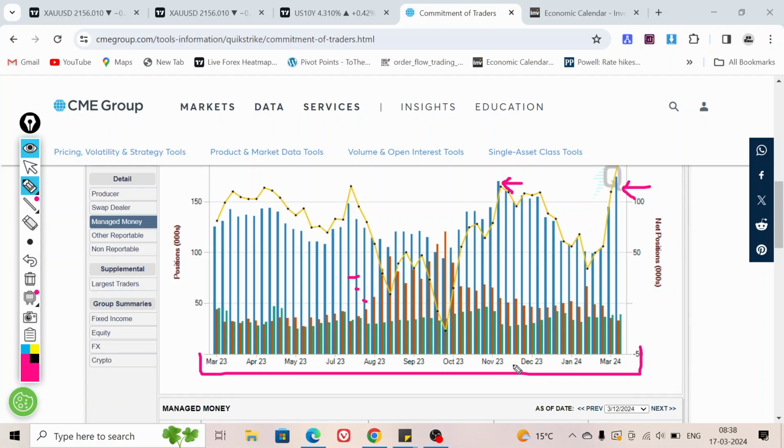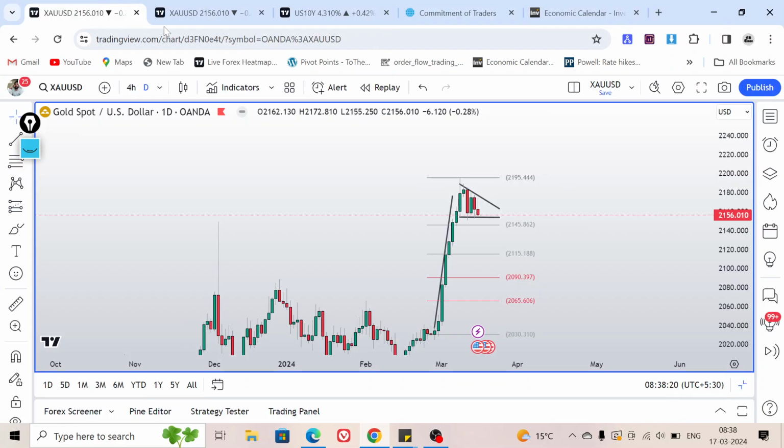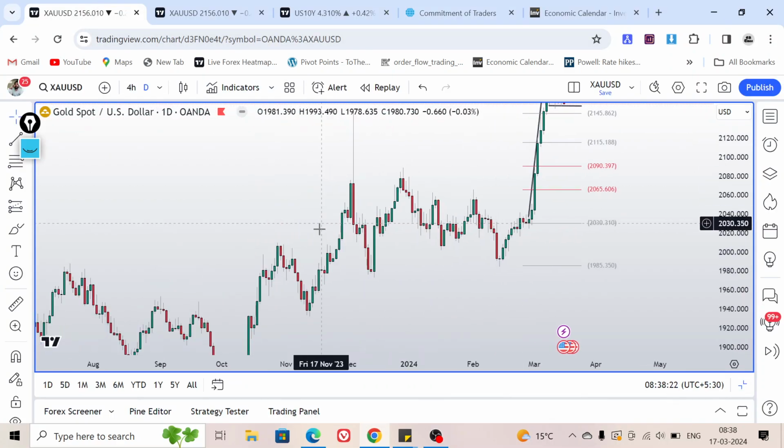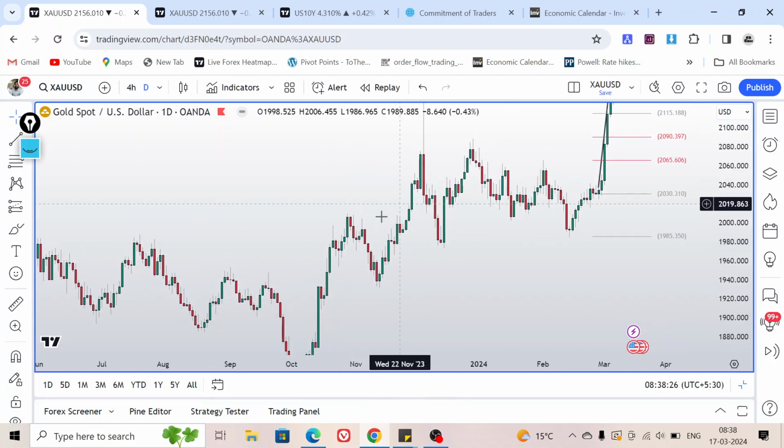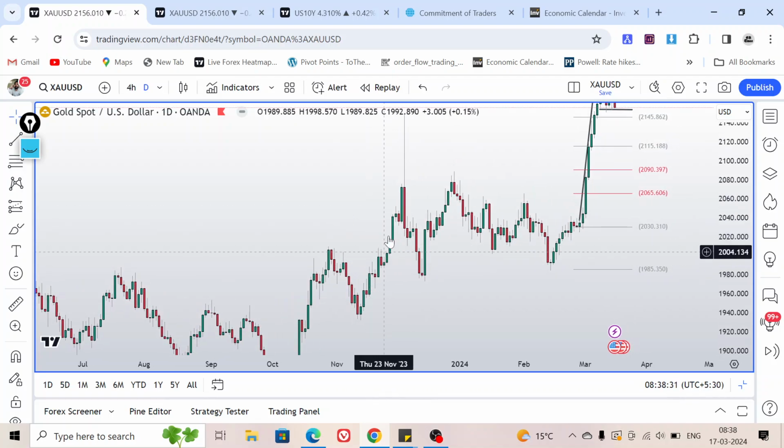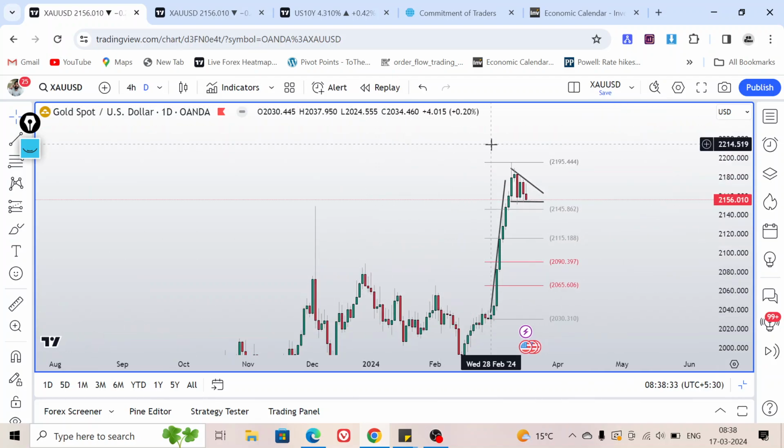If we check the movement on the daily chart from November 23, right over here, this is the November month, and after this November you can see we have already seen a good bullish move.